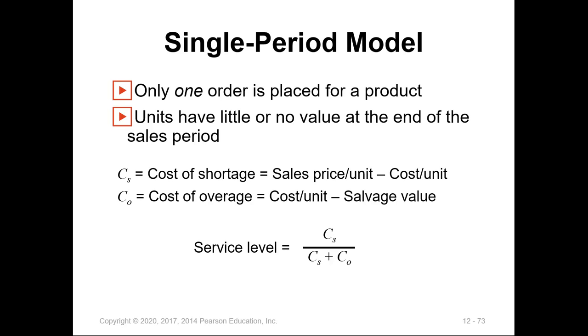The cost of overage is equal to cost per unit minus salvage value. The probability of not stocking out, or service level, is equal to cost of shortage divided by cost of shortage plus cost of overage.